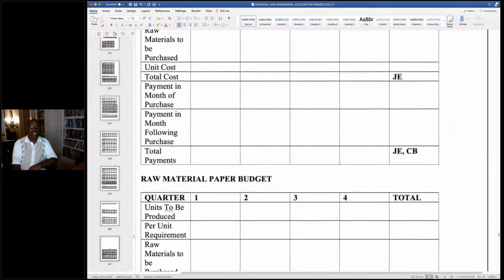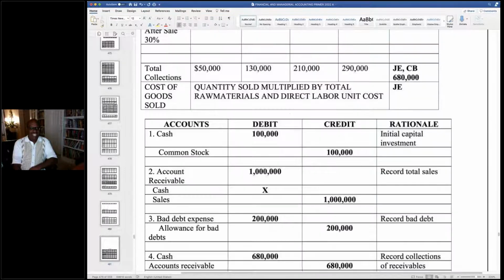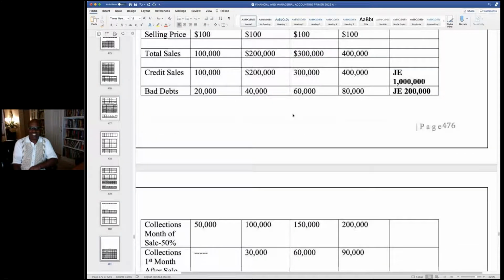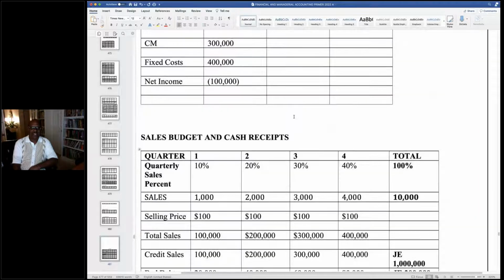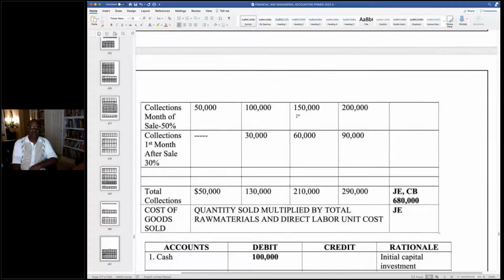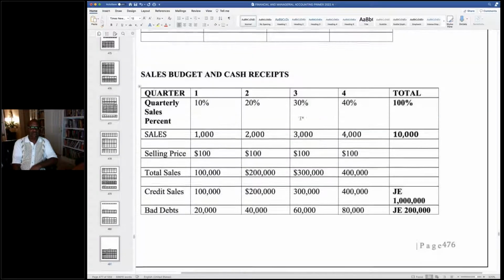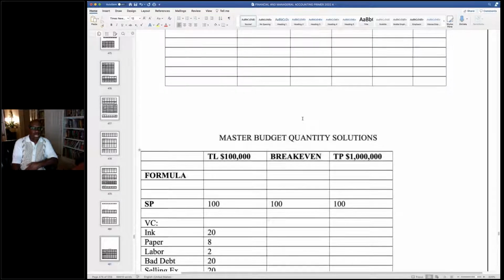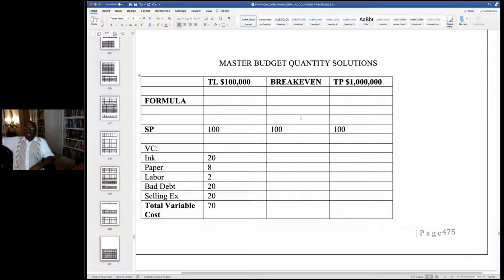Well, I assume you had the journal entries. I don't see them. But they're in the primer. Oh, they're in the primer. Okay, so you just want us to take those and have those done. Correct. Yeah, everything we're looking at is in the primer.